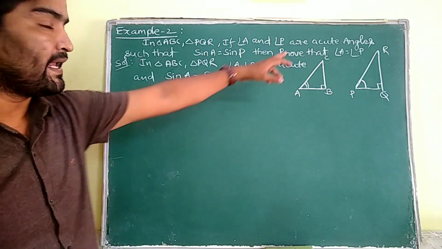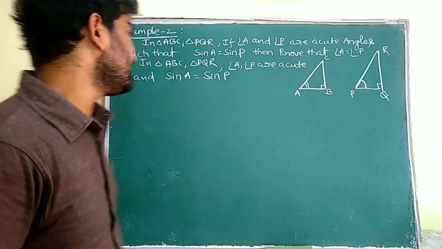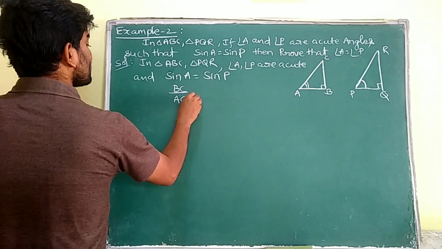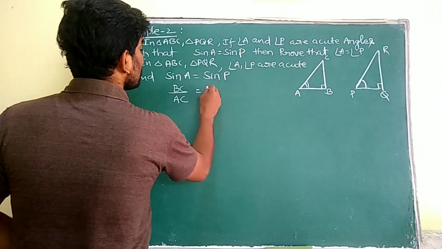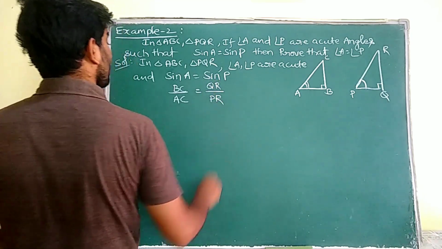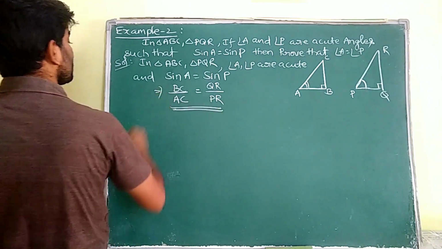In this triangle ABC, what is sin A? A's opposite side BC by its hypotenuse AC. Similarly, sin P means P's opposite side QR by hypotenuse PR. This is by the given concept.